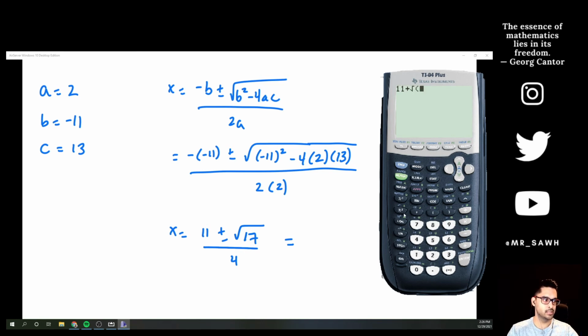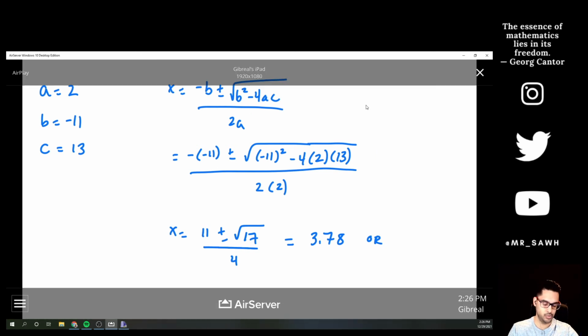So 11 plus the square root of 17 divided by 4, 3.78, or if we do the negative one, so 11 minus the square root of 17, then divide by 4, and 1.72 is the other possibility.